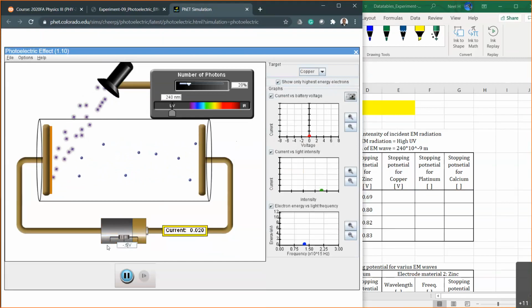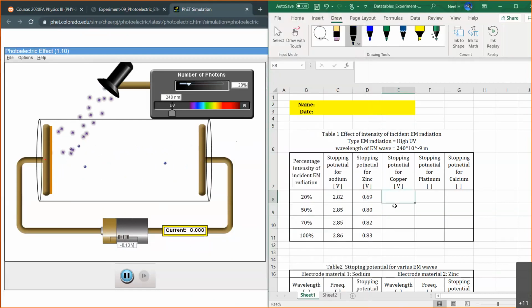Negative, let's try 0.5. Already 0. Let's try 0.2. Already 0.1, value is there, maybe 0.15. About 0.14, 0.13, 0.12. That means about 0.12 and 0.13. It may be 0.13.